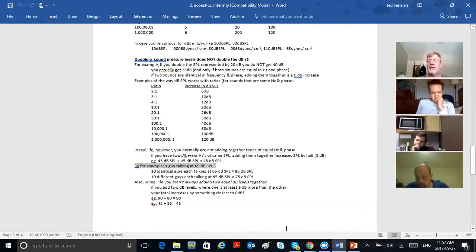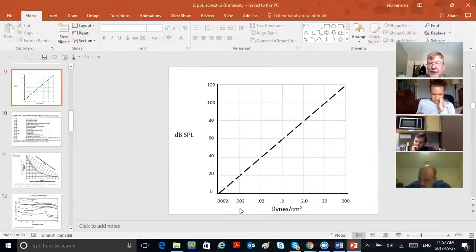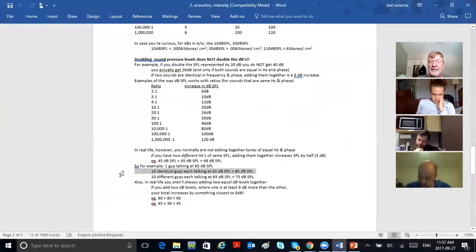One guy talking at 65 dB SPL, 10 identical guys, you would increase the pressure by a factor of 10, because when you increase the pressure by 10, you've gone up 20 dB. So look at the graph. If you increase the pressure by tenfold, I've gone up 20. Okay? 10 identical guys talking at 65 dB SPL, you'd go up by 20.